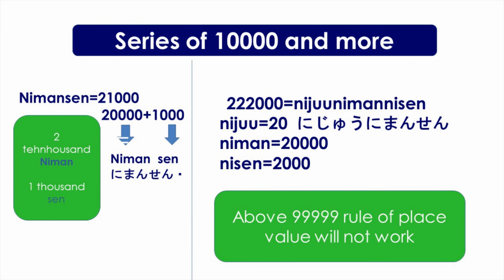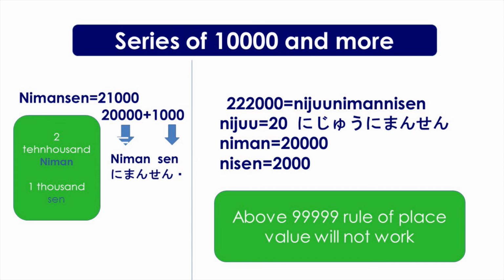Then the next number is 2,22,000. So in this pattern this value is very large. So here place value method will not be followed as written below in the parrot box. Please take reference of this box.